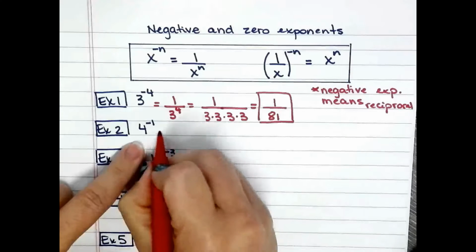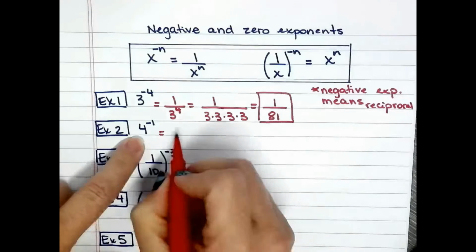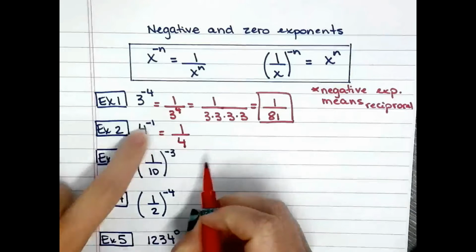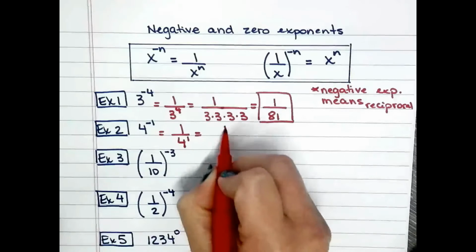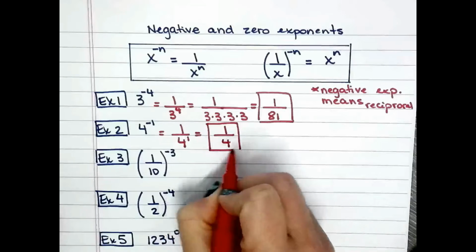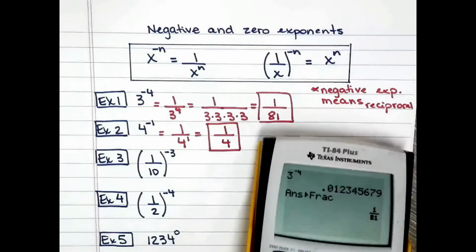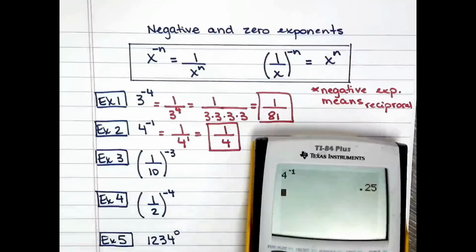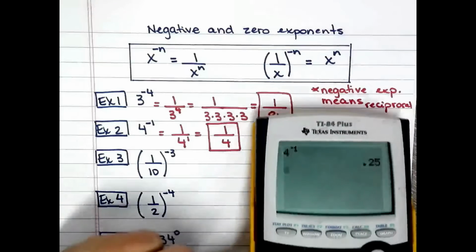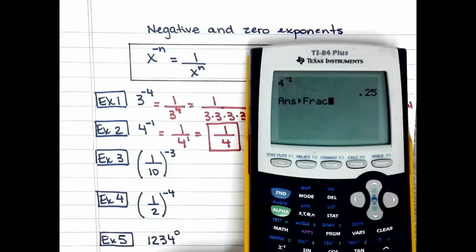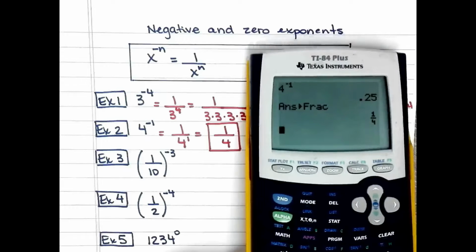Okay, so negative exponent means reciprocal, so 1 over 4, and then it loses the negative. So 4 to the 1st power is just 4. Again, if you're not sure, plug it in: 4 to the power of negative 1. Math, fraction, enter. 1 over 4.